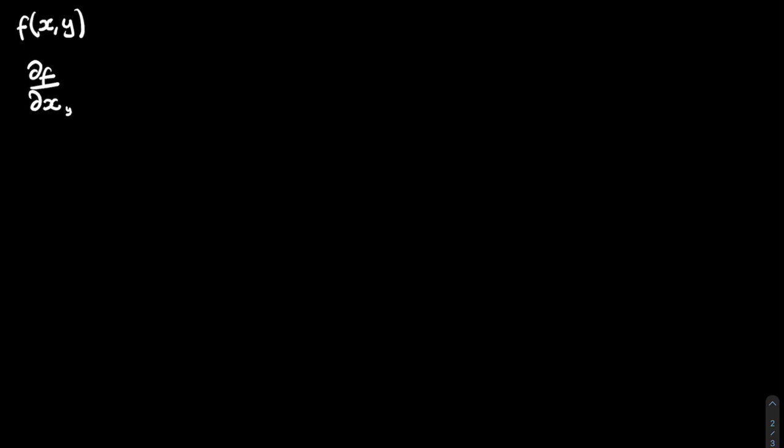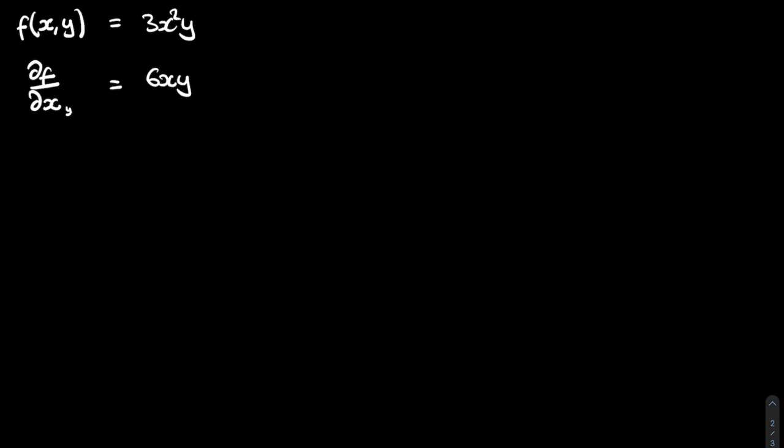So quick example, if f of x, y is, I don't know, 3x squared y, then differentiating f with respect to x but treating y as a constant will just literally give you 6xy. So I hope you can see that. We've left the y alone, but the x has been differentiated to give that.